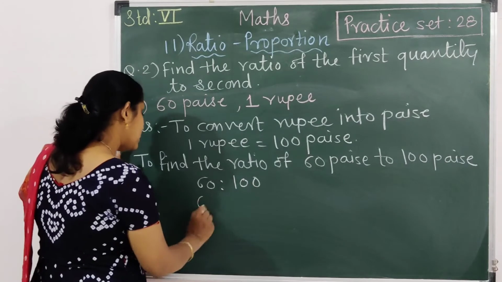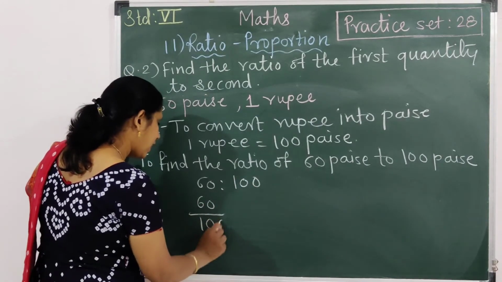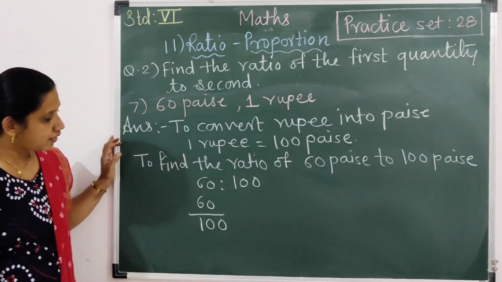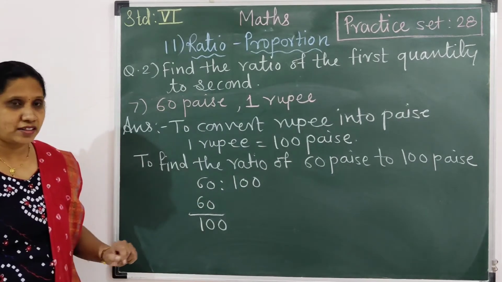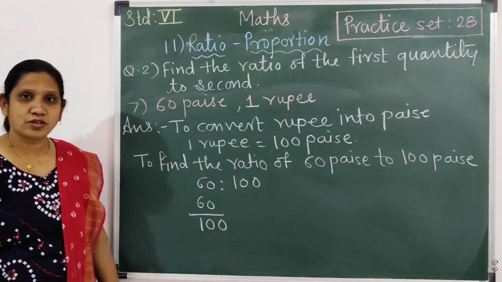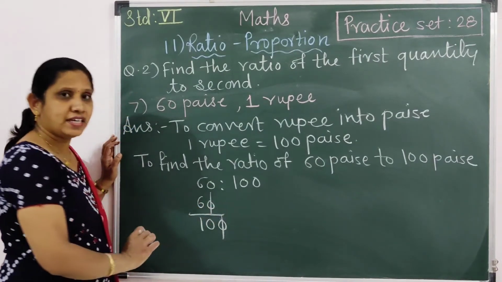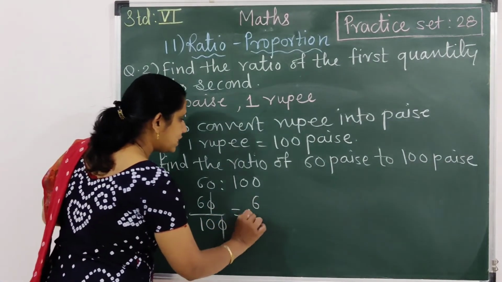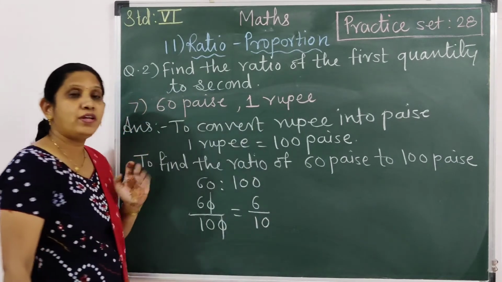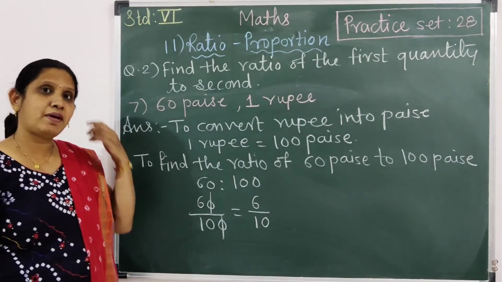It means 60 divided by 100. Okay, now here in the numerator digit is 0, here also in the denominator digit is 0. So zeros will get cancelled. What remains? 6 upon 10. Now we know again the test of divisibility by 2.